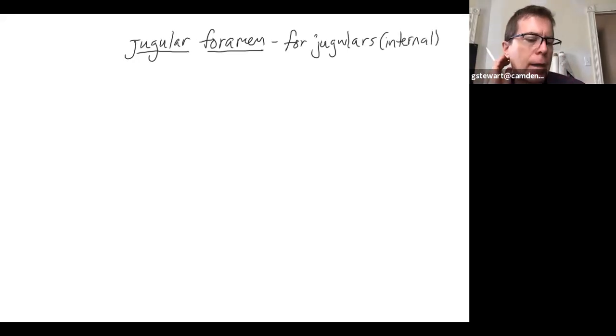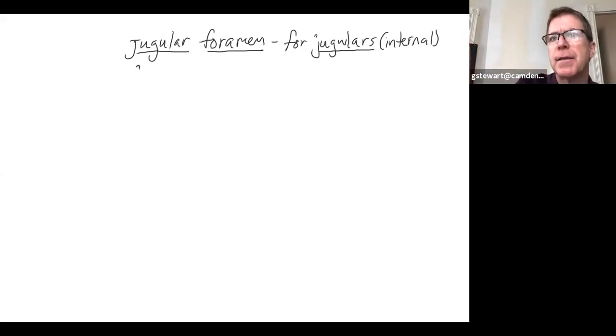So I know that some of you know this, some of you may not. Whenever you hear me say or you read artery, we say arteries supply. They feed areas because they're taking nutrition and oxygen to an area of the body. Veins, we say drain an area because they're taking blood away from an area back toward the heart. So the jugular foramen are holes for the internal jugular veins to drain blood from the head back down toward the heart.